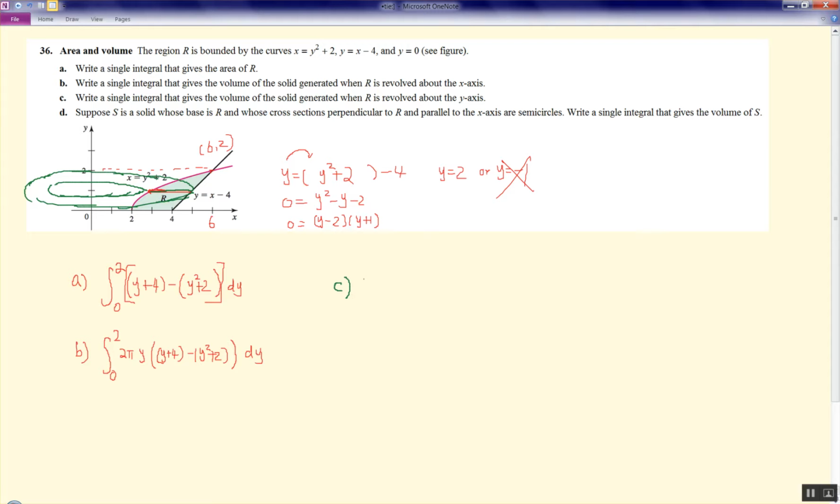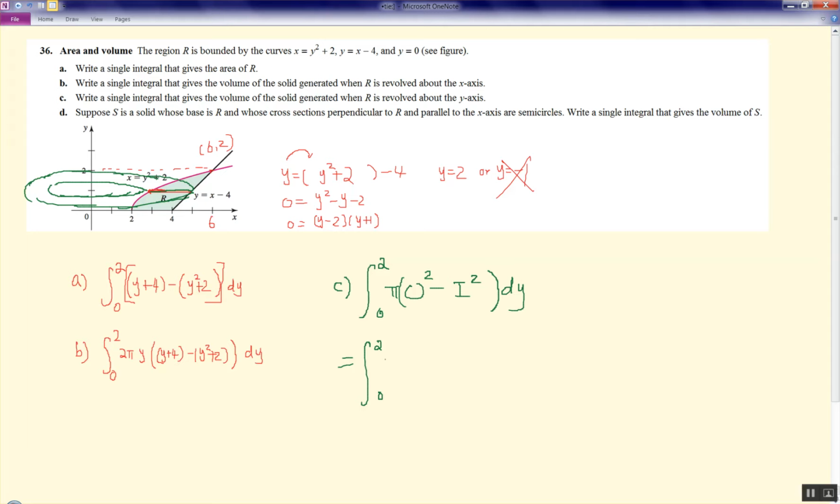So for part C, it's dy again, and the limits will be from 0 to 2. And then we have pi times the outer radius of the washer squared minus the inner radius squared.